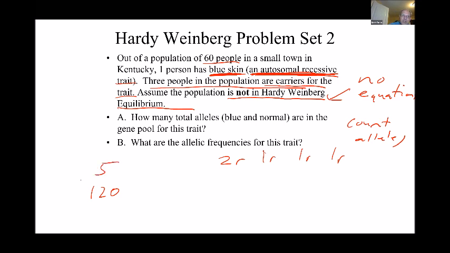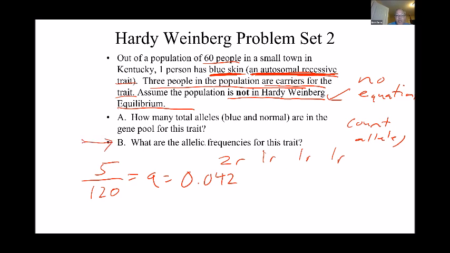5 recessive alleles out of 120 total alleles gives us the frequency of the recessive allele, Q. So we could leave it as 5 over 120, or we could go ahead and divide it out. And that ends up being 0.042. So that's the first part of our answer.